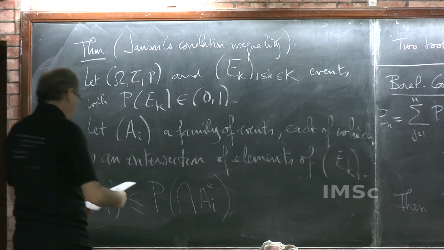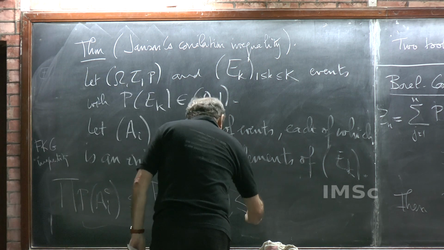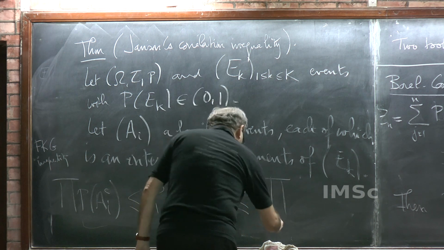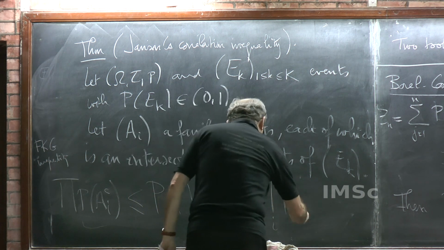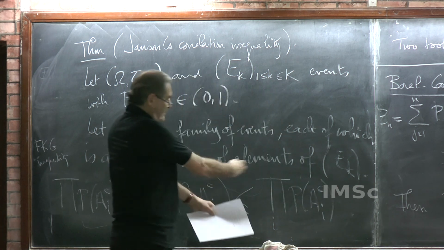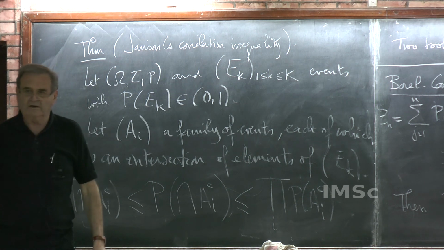Okay? And now the upper bound tells you what you have is the following. It will be the product over the i of the probability of the A_i complement. Well, this would be fine, this is if everything is independent.